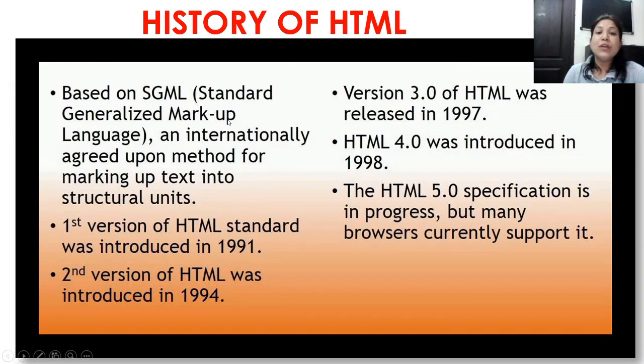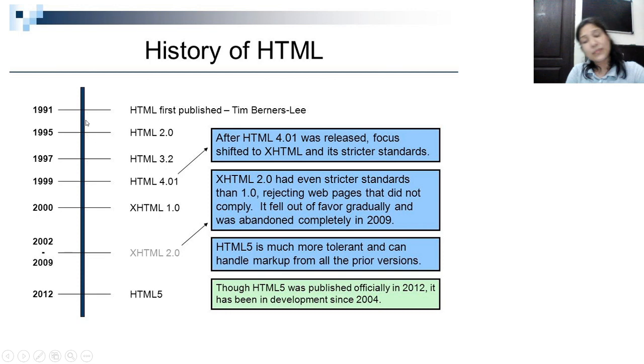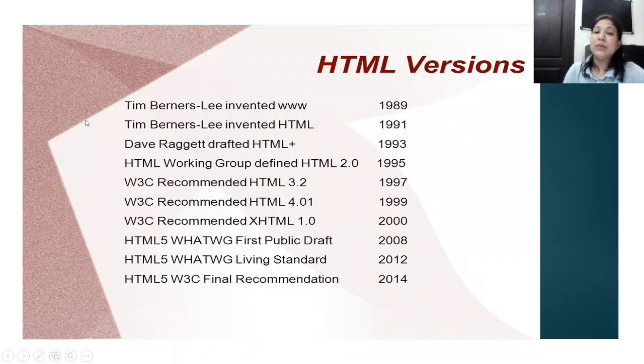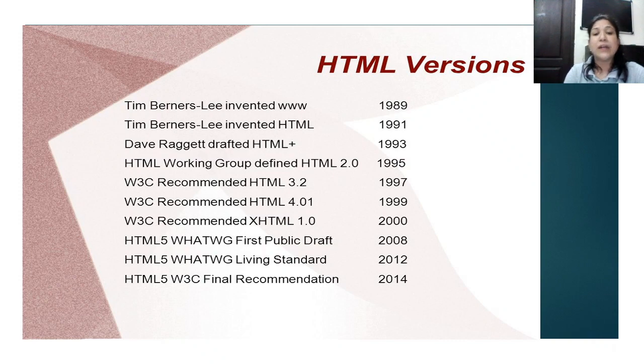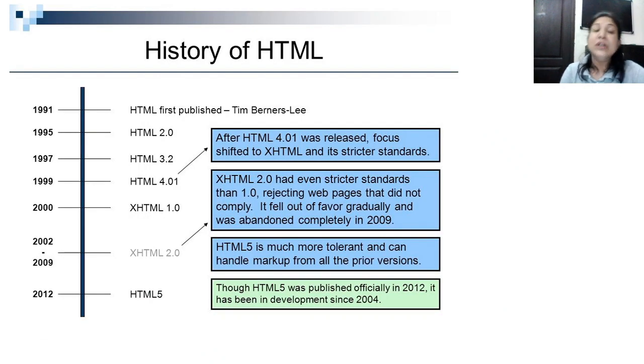Then the story of HTML I have discussed with you. This you will understand more with the help of this list I have made. In 1991, HTML 1.0 was released, and then in 1992, HTML 2.0 was advised.